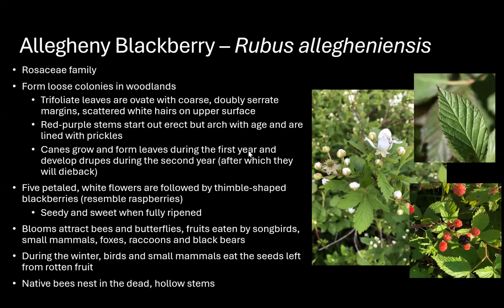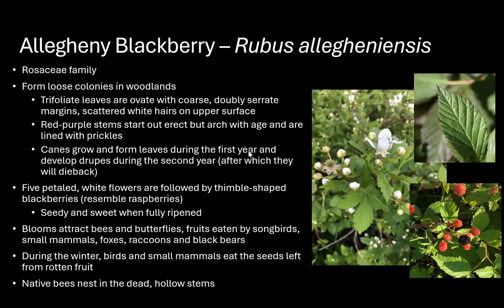But in addition to a lot of our small mammals, rodents, foxes, raccoons, depending on where we live in the eastern US or even out in eastern Kentucky, they may be eaten by black bears as well. Occasionally we get a lone black bear that comes on this side of the state, but not very often. And in addition to that, the flowers also are good pollinator magnets for our insects.